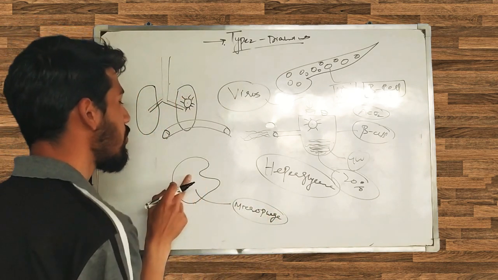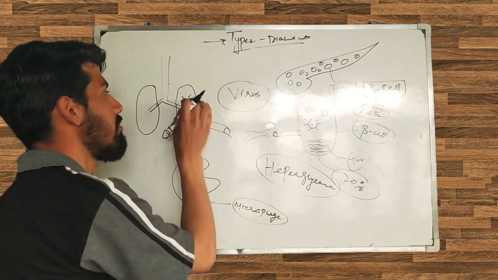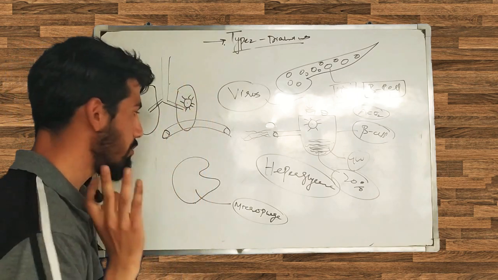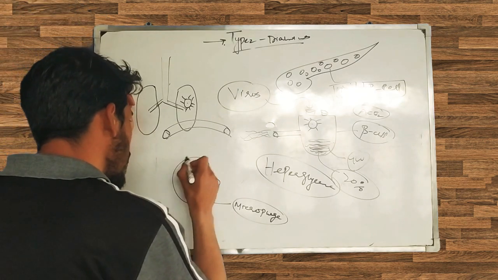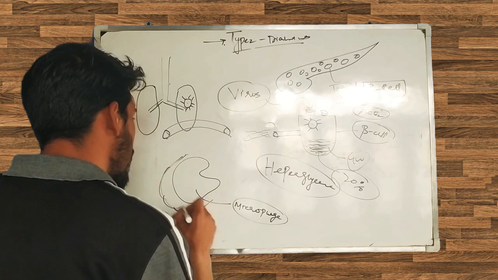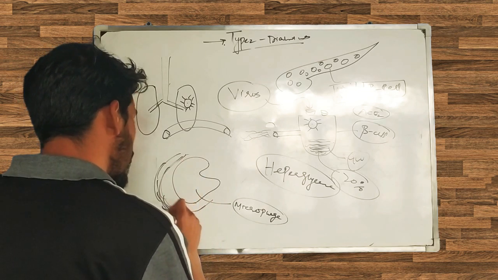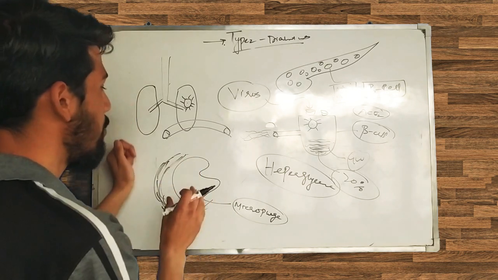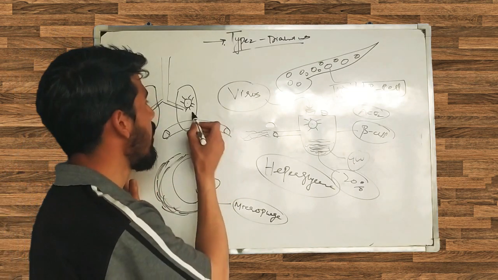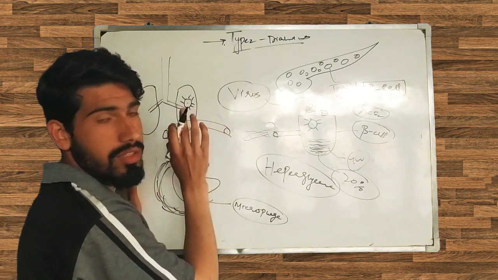The macrophage goes and kills or destroys this virus. But there is the artery, or the interstitial membrane, where the macrophage is present. The macrophage goes and destroys this virus.